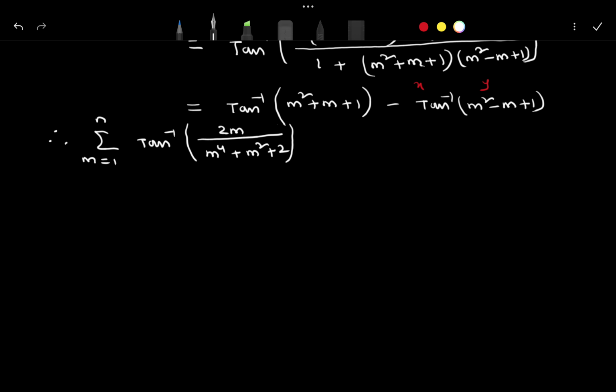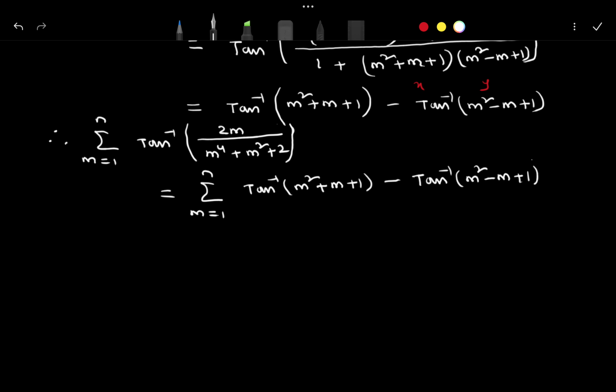Here, now you apply the sigma to the above value, that is equal to sigma m equals 1 to n tan inverse of m square plus m plus 1 minus tan inverse of m square minus m plus 1.